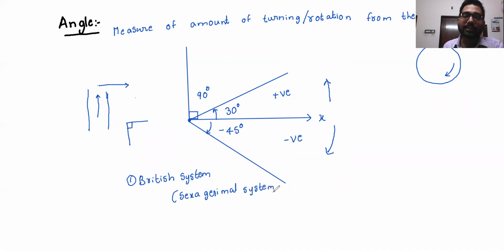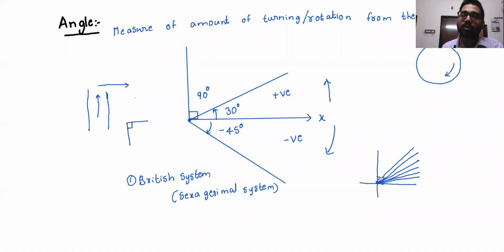So in the sexagesimal system, what we do is we take one right angle as 90 degrees, right? They define this angle as 90 degrees. So you divide this one right angle into 90 equal parts.